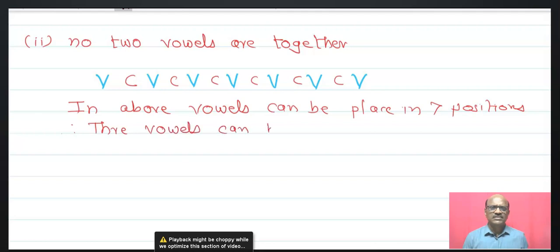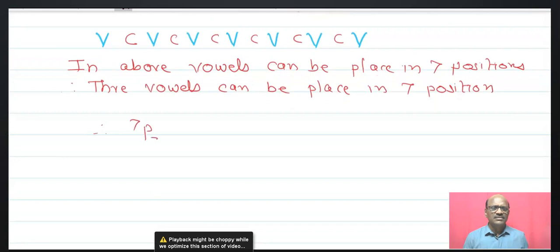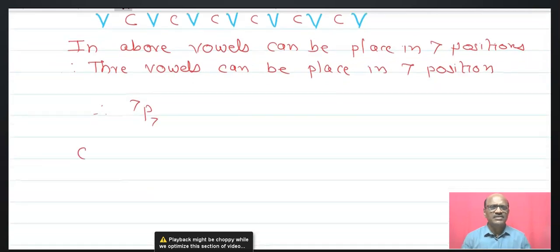That is, 3 vowels are remaining there. 3 vowels can be placed in 7 positions.